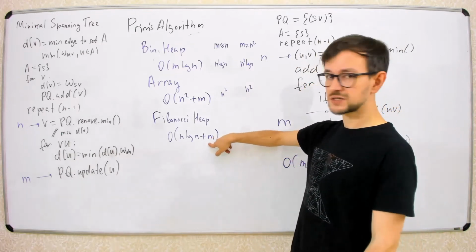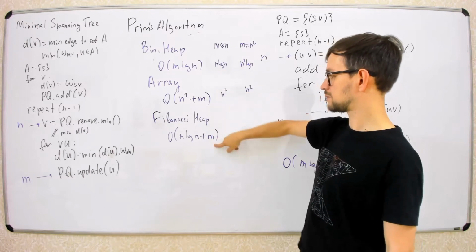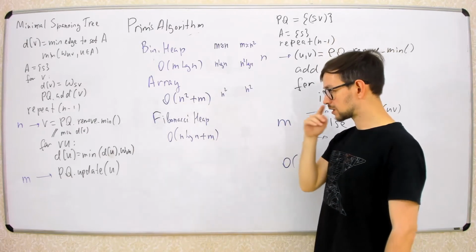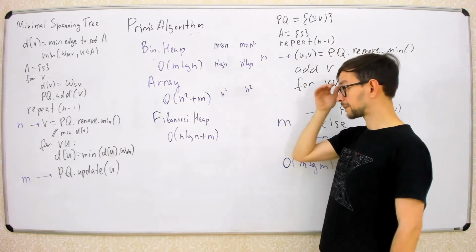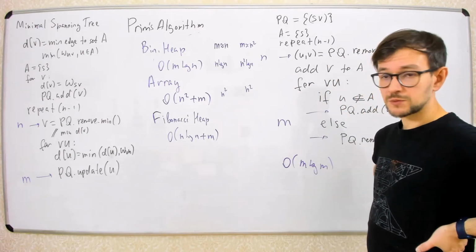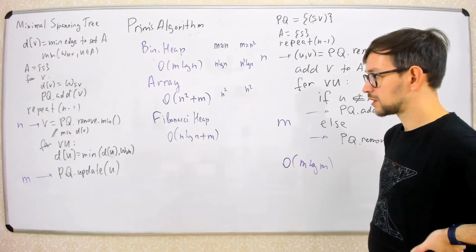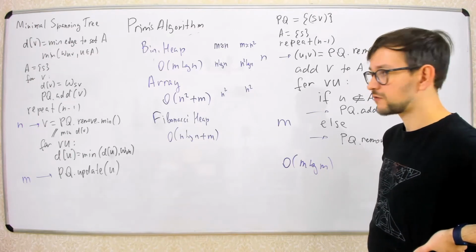This complexity is better than both of these. It's better than this, obviously, and better than this. So this is kind of optimal of these three. Good, but it's theoretical. In practice, Fibonacci heaps actually have a very bad constant factor.